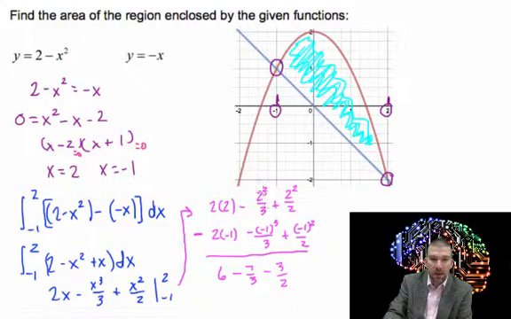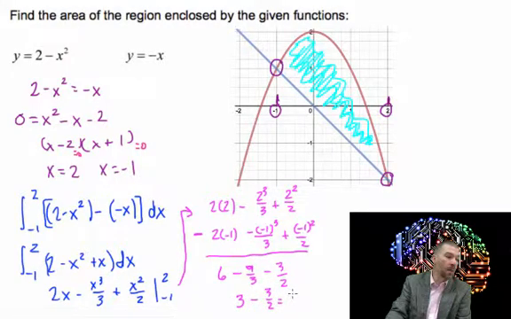This is 8/3 minus positive 1/3. 8/3 minus 1/3 should be 9/3. Okay, so now I've got 6 minus 3. That's 3 minus 3 halves. Okay, and 3 minus 3 halves is going to be 1.5, or 3 halves.